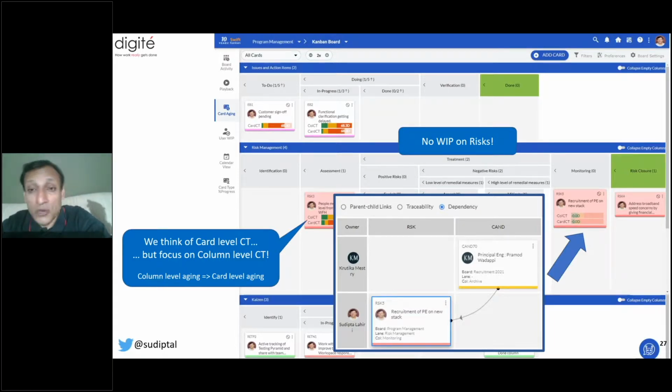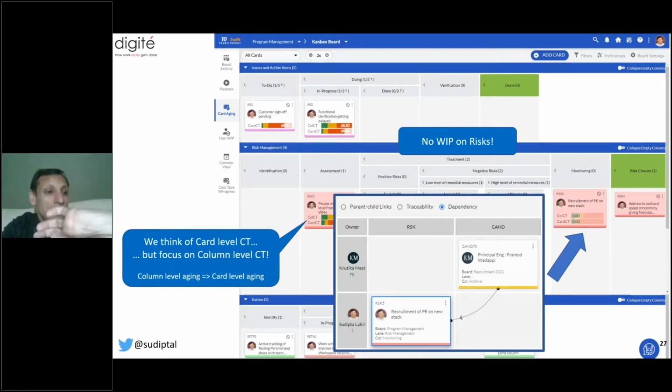Whether you need to go and get a contractor to be able to mitigate that risk, you need to act on that risk because it has now been converted into an issue. It is no longer a potential risk. So you need the ability to identify dependencies in a visual manner on your board so that you are able to trap when the dependencies fail, so that things get highlighted and escalated.